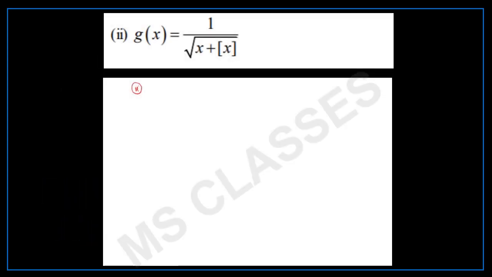Now here is given g x equals 1 by under root of x plus box x. First of all, we find the domain here. x plus box x is greater than 0 when x is greater than 0.